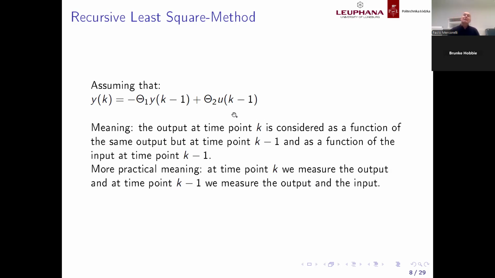If I consider theta 3, which multiplies uk, assuming that the output depends directly on what I am doing today, we can see that I nevertheless need a window with two elements, but I have to include also the input of today. It doesn't change the window, but instead of just u of yesterday, I have to include also u of today.